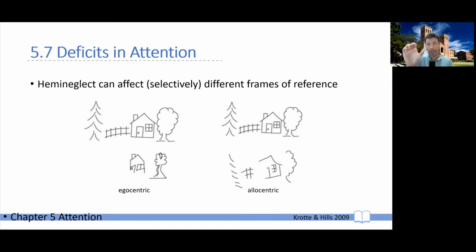If you rotate the object, they still keep ignoring whatever is the left with respect to the position of the object. So for example, right here, you can see that the patient drew the right side of the tree, the right side of the house, some part of the fencing, and the right side of the tree. But every time the left side is missing, and it's the left side of the object. It's not their own left side.